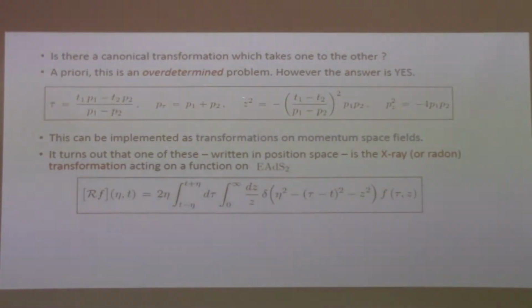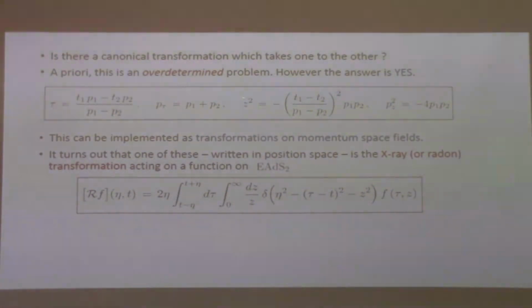This canonical transformation, if you notice, is a point transformation for the momenta, namely, the transformations of the momenta do not involve the coordinates. And as a result, it can be implemented as a transformation on momentum space fields by some kernel.